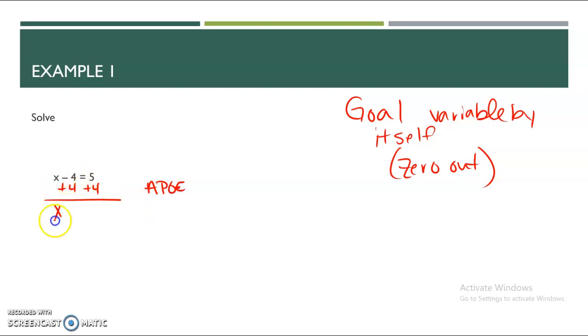And so then x will equal -4 plus 4 is 0, which is what we're wanting. And then 5 plus 4 is 9. And so our answer is that x equals 9. And I know, Mrs. Cartwright, it did not take me that long to solve it. I understand. Again, I'm using this to show you how the properties work.